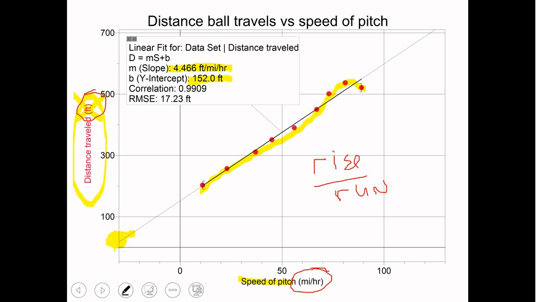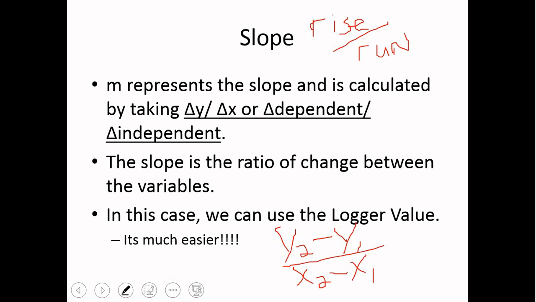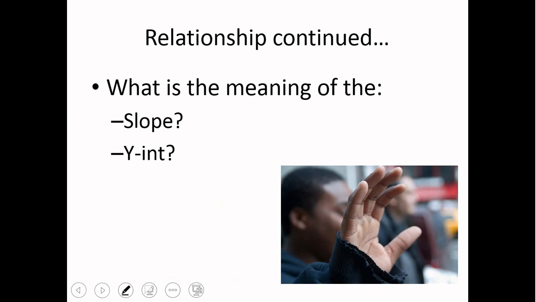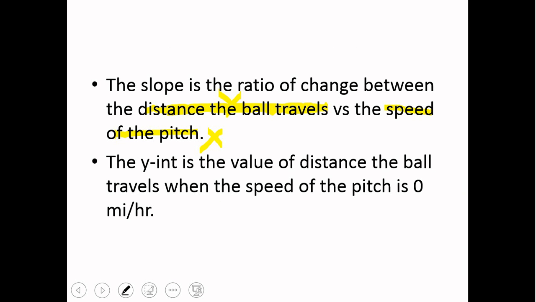And that's a value, actually it's right here, I'm sorry, here's 0, okay? There's 0, so it crosses over here. And it's the value of the distance traveled, which is 152, when speed of pitch is equal to 0, down here.